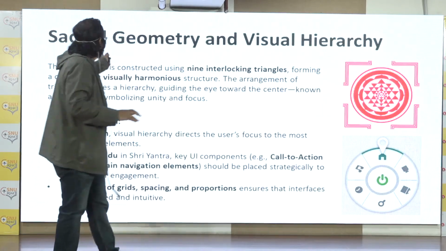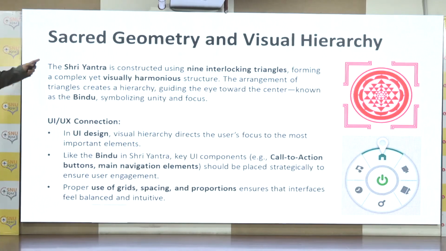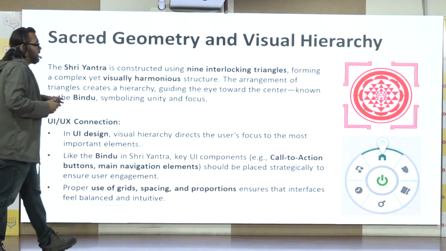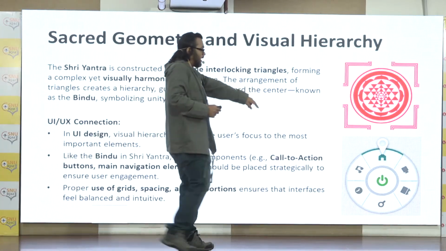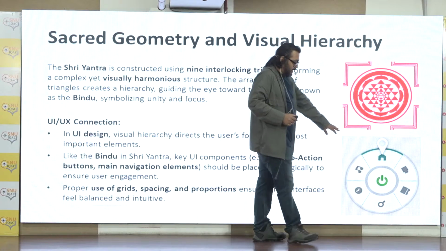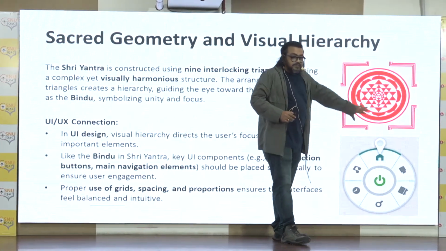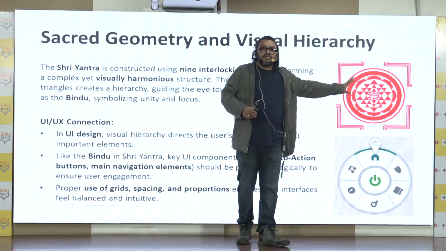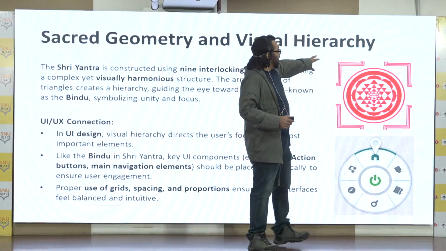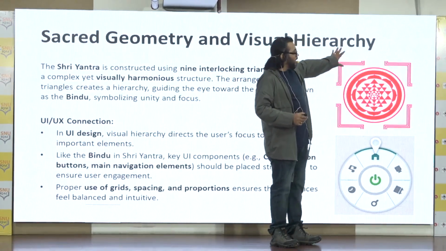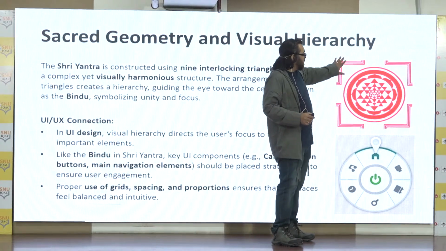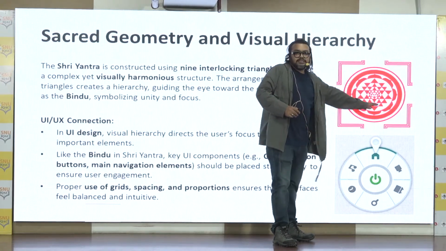Now, if we talk about the visual hierarchy, this UI we have seen many times. It is called a radial UI. Now, can you see the similarities here? Sri Yantra also, the way to look at a Sri Yantra is always from the outside to the inside.